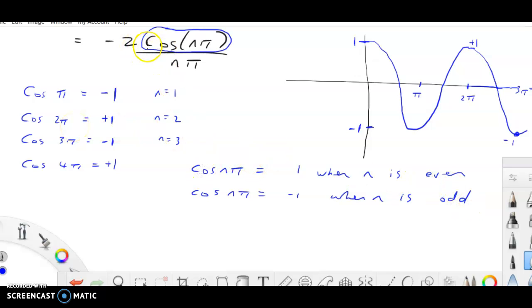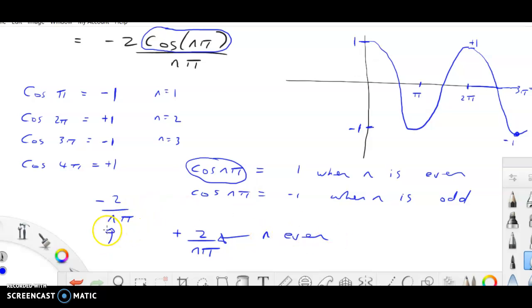Okay, so the value of this structure here varies between minus 2 over n pi and plus 2 over n pi. So when n is even, this turns into 1 and we get this. This is when n is even. And this is when n is odd, because n starts at 1 and heads to infinity according to our Fourier series.